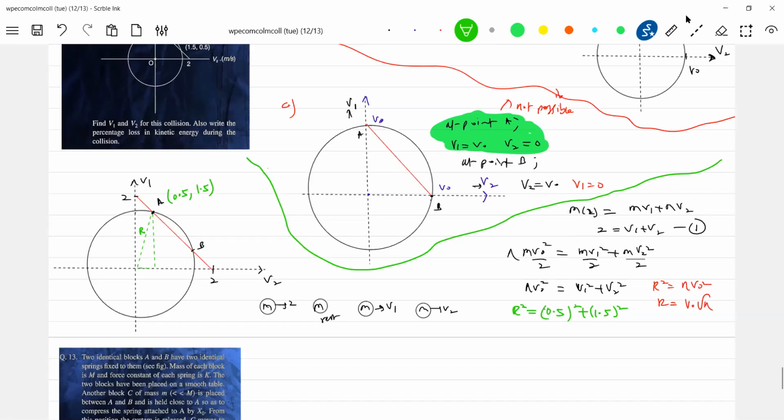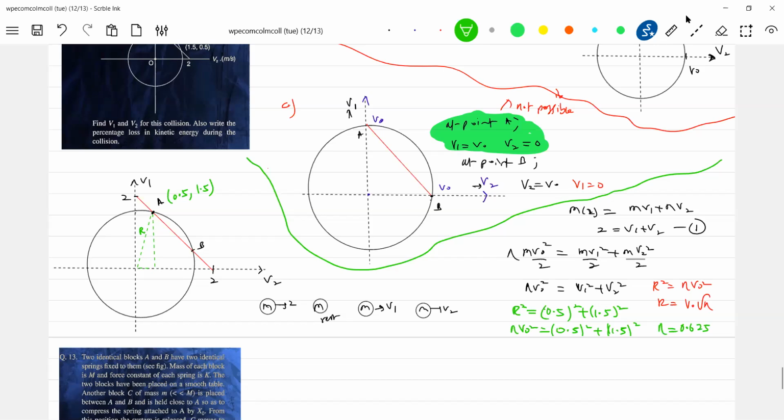That should be equal to eta v naught square. Anybody eta? Yeah, 0.625.